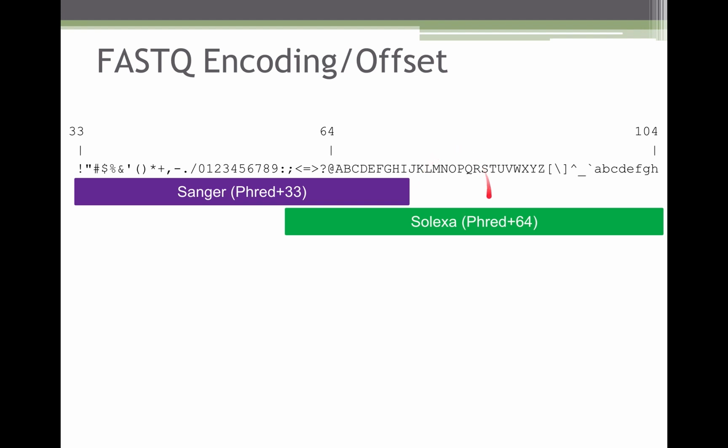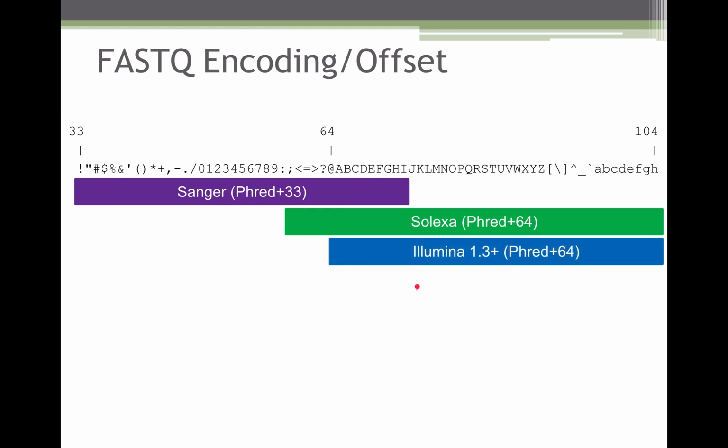But when Illumina launched their first sequencing platform called Solexa, they decided to use Phred 64 as their starting value. So this will represent quality score of 0, and they also use some negative values in their scoring scheme. And in the subsequent release, what they did is that they got rid of these negative values.